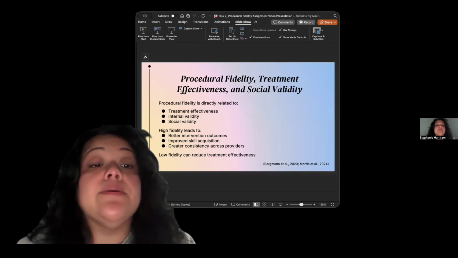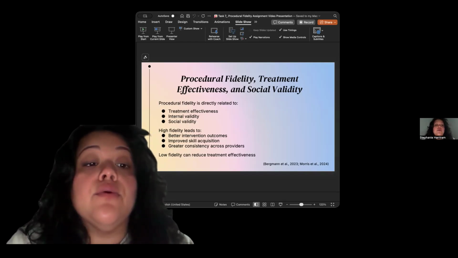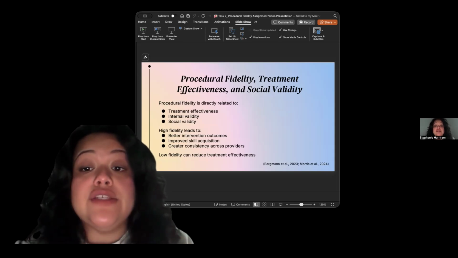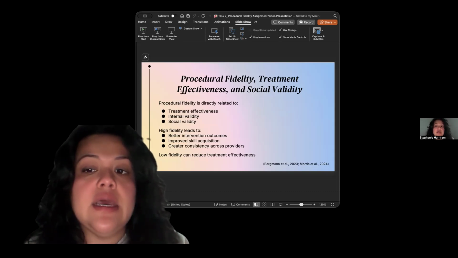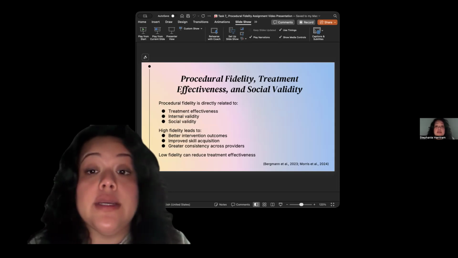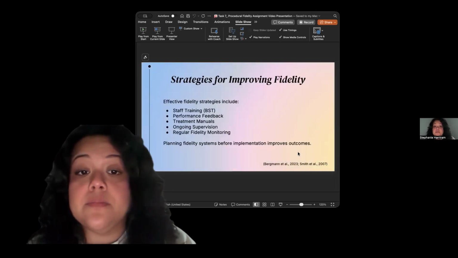When we have high procedural fidelity, it leads to better intervention outcomes, it improves skill acquisition, and greater consistency across providers. Research shows that high procedural fidelity improves the intervention outcomes. Fidelity also supports social validity by making those interventions more consistent and acceptable in real-world settings.